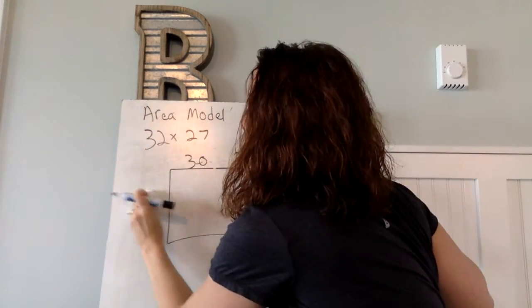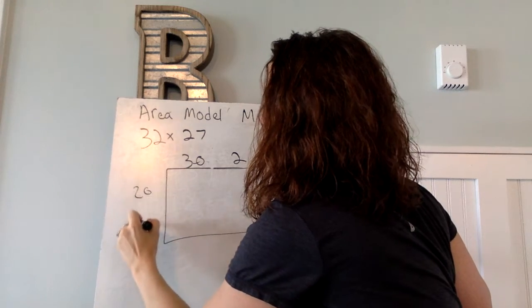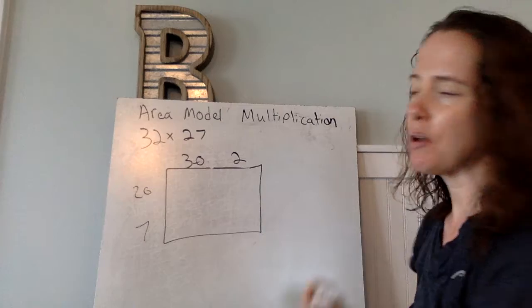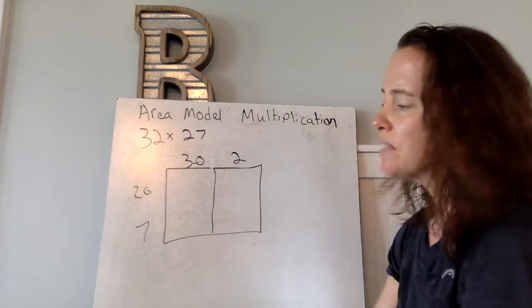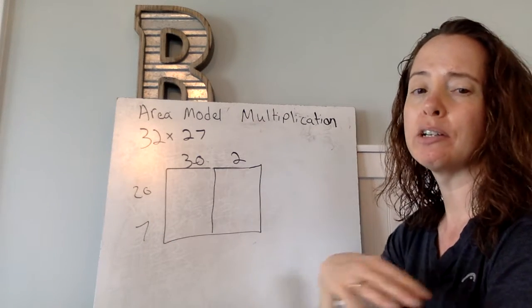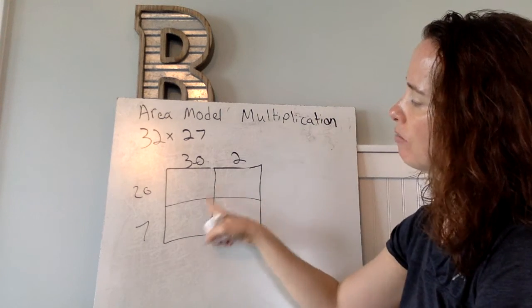So 27, if I break it up into tens and ones, becomes a 20 and 7. So now I have two numbers up here, so I'm going to put a line going down the middle. Since I have two numbers for my width, I'm going to have a line going across horizontally. So now I have four rectangles.